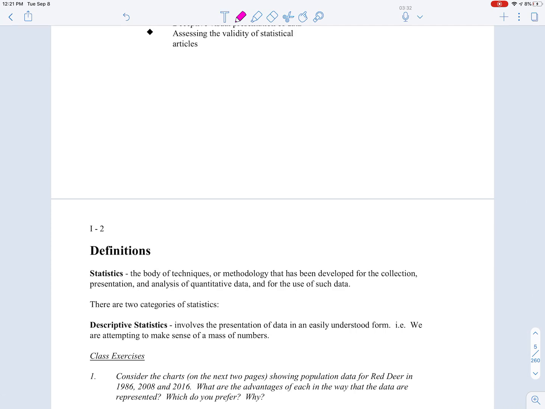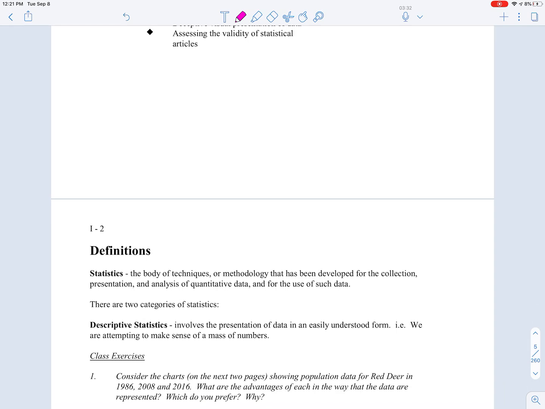If this were in class, I would toss the question out to you, and then we would take a look at the graphs, the charts, and we would then talk about it and make a list on the whiteboard. But we're not going to do that here, obviously. So consider the charts on the next 2 pages showing the population data for red deer in 3 years, 1986, 2008, and 2016.